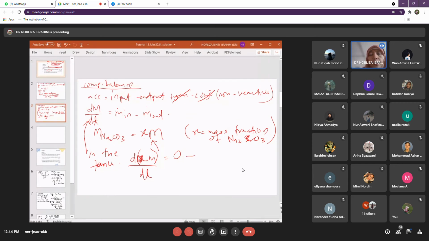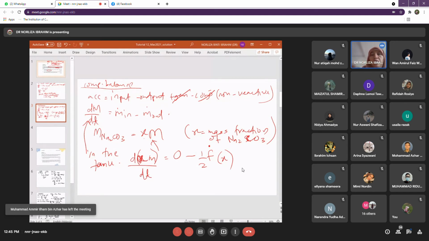Your output, if you put F dot, this is the flow of the solution. If I just want the flow of the sodium bicarbonate, I multiply with X. If I multiply the fraction with the total flow, I get the flow of that component.